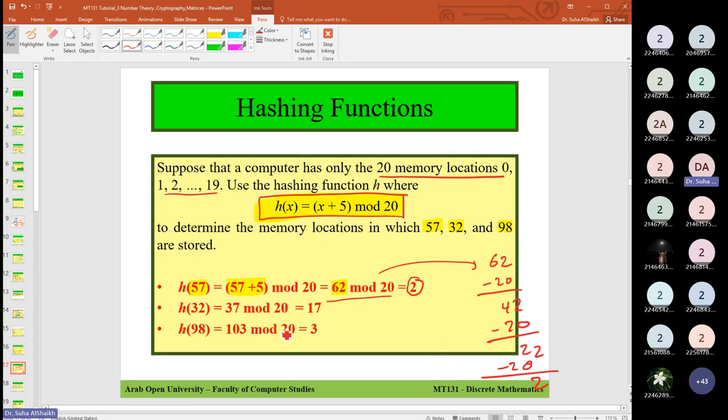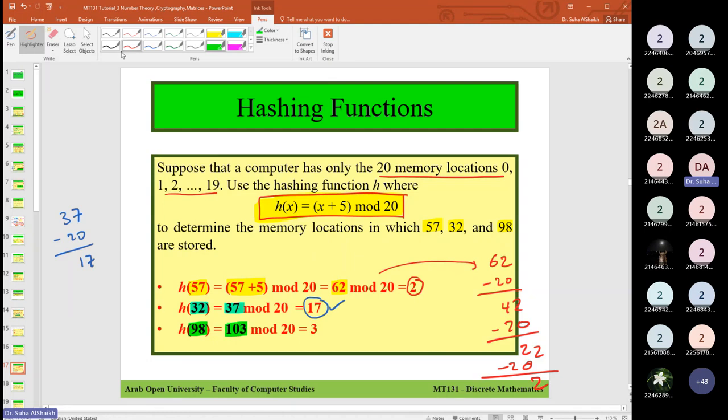We are going to do the same with the second value. I have 32 plus 5. This is 37. Now from 37 I'm going to subtract 20. This equals 17, less than 20. So that's it. h of 98 is 98 plus 5. It's 103.